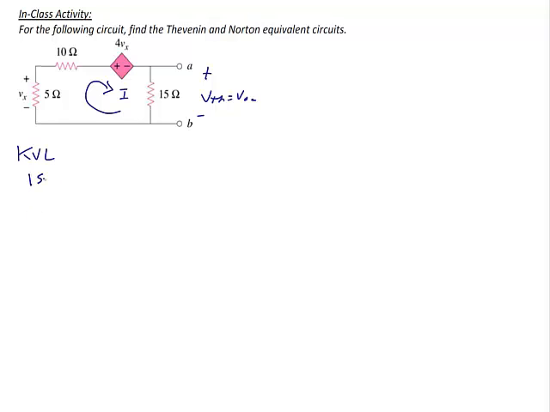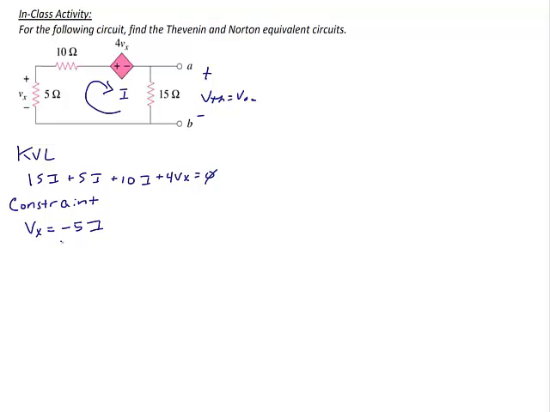We'll have 15I plus 5I plus 10I plus 4Vx equals 0. And because we have a dependent source, that always creates a constraint equation. So my constraint equation is going to be negative 5I.